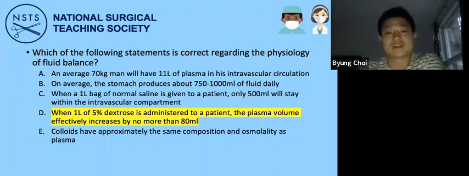Colloids, on the other hand, it's a lot higher because you have those synthetic proteins that have high osmolality. And so it'll be the highest number in terms of percentage of its fluid staying. So in E, colloids have the approximate same composition and osmolality of plasma.